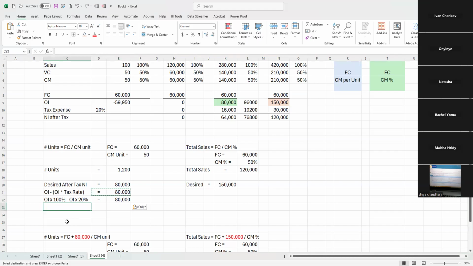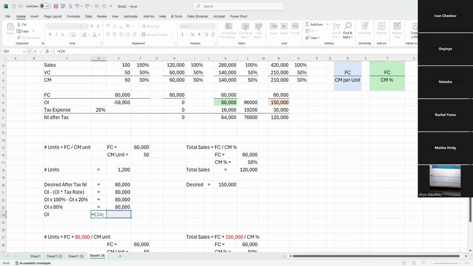Operating income times 80%, and that should be equal to $80,000. Correct? Basically, you are saying that when we calculate, we keep sales as 100%, so we have to keep in mind operating income is also 100%, one. Right.